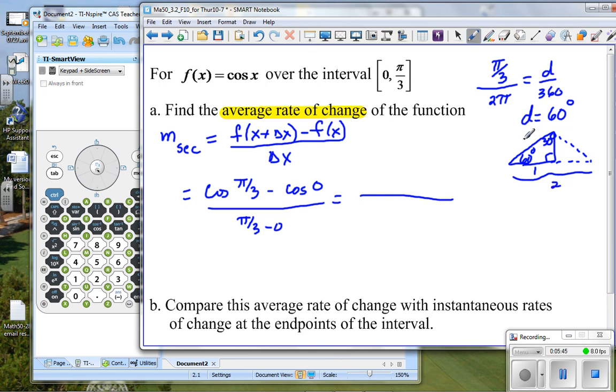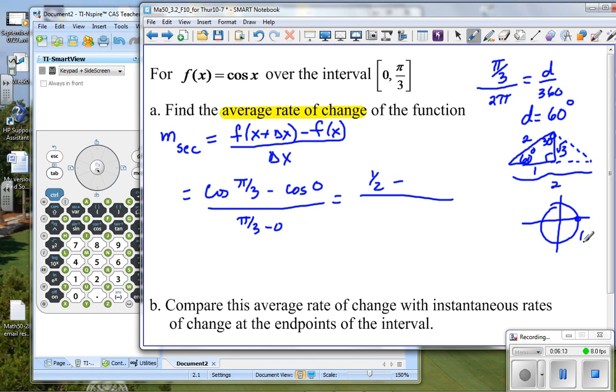Even though it doesn't look like it, this would then be equilateral, so that'd be 2, and this side is root 3. So the cosine of pi divided by 3, cosine of 60 degrees, is going to be 1/2 minus, now the cosine of 0, I'm going to go back to my unit circle, and remembering that every point on the unit circle is also cosine sine, as well as xy.